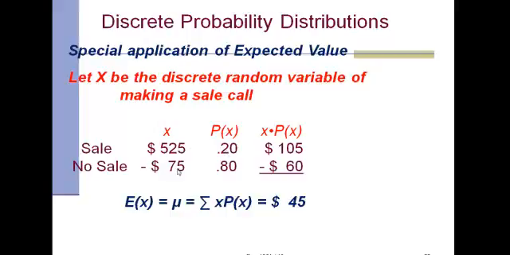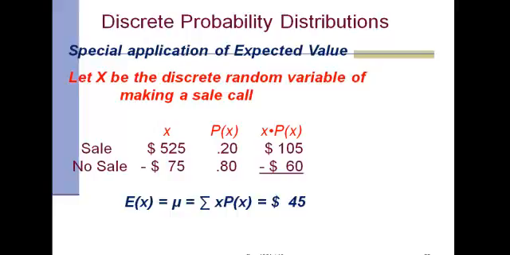What's the probability of not making a sale? Well, that's 0.8. How did I get that 0.8? Remember, if this is the probability of a sale, then the probability of not a sale is 1 minus the probability of a sale. In this case, it's 0.8. The probability of X column, even though there are only 2 elements in it, has to add to 1.